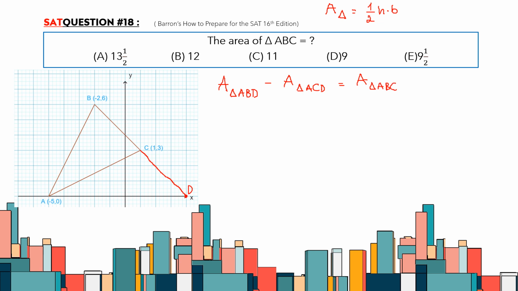ABD is a bigger triangle, and you can see it's a right triangle.